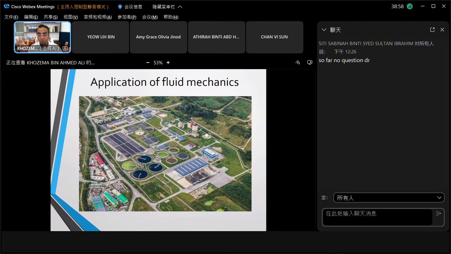But when we are talking about this kind of engineering course, definitely it will involve a lot of calculation. There will always be some questions about definitions, about explanation, briefly explain, briefly discuss, but most of it will be calculation.